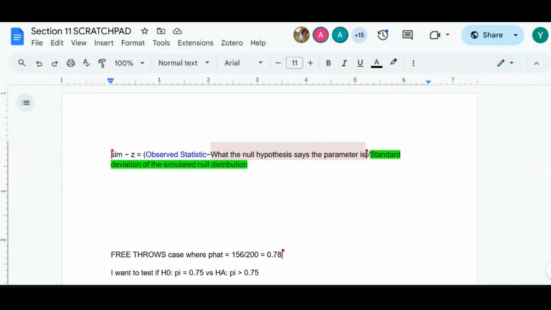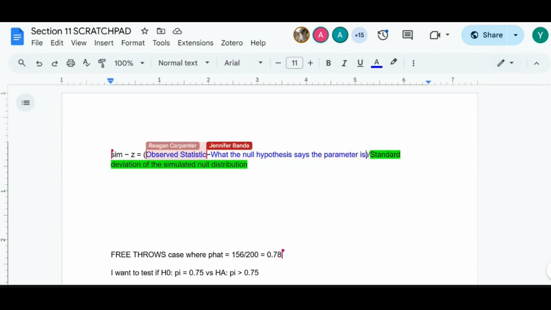Is the observed statistic blue? Which one's blue? Blue needs to be there. Which one is blue? You can make corrections if you don't think that's correct.